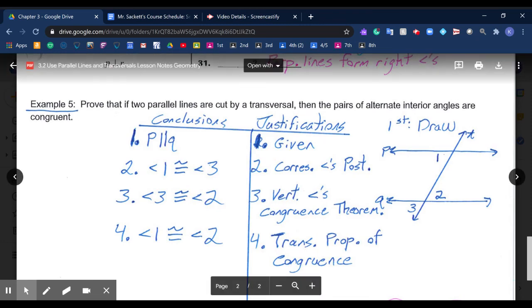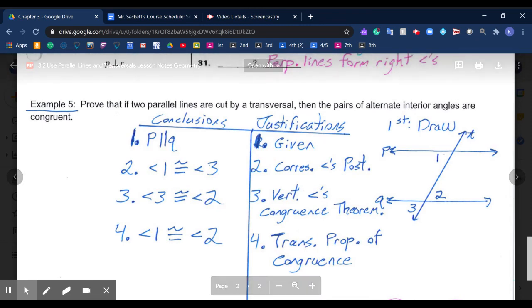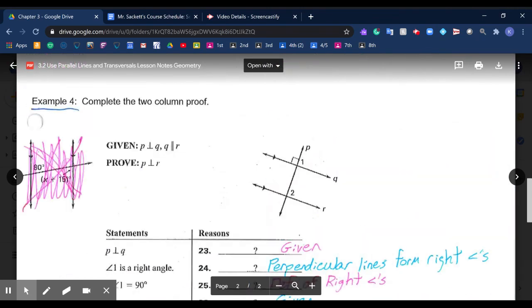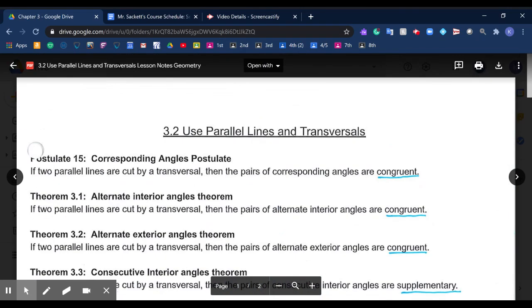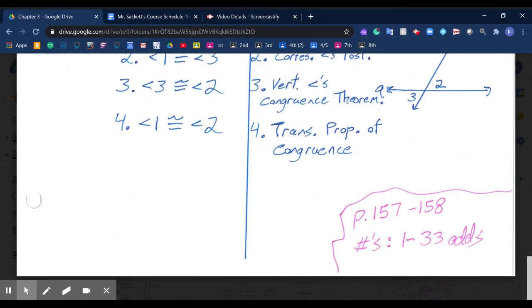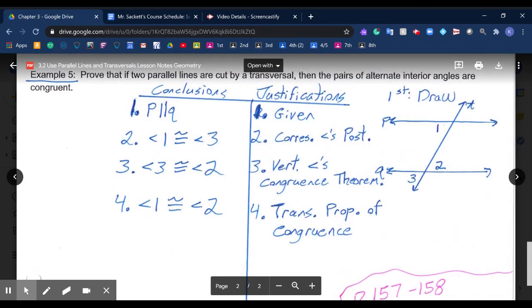So using some postulates, theorems, and properties, we can prove our alternate interior angle theorem, theorem 3.1. Down here, this would be our proof for that theorem.